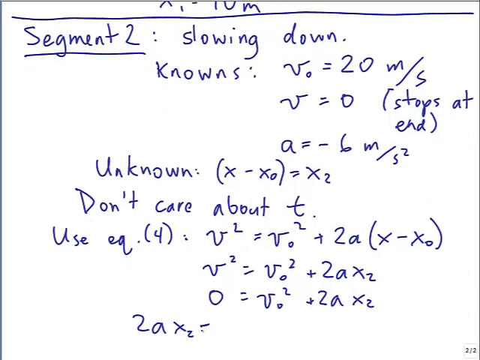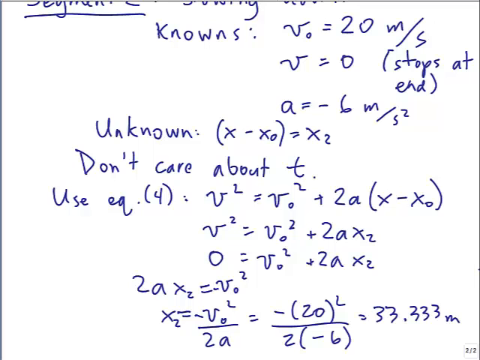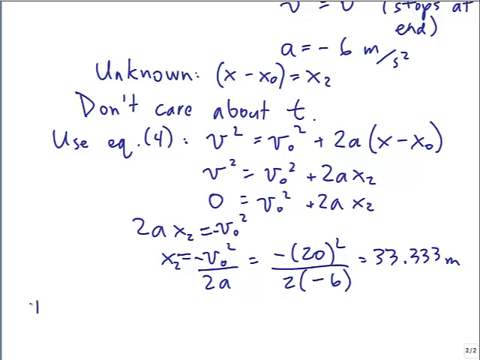So 2a x2 is equal to negative v0 squared. Then I can divide both sides by 2a. Oops, I forgot the negative sign there. So negative v0 squared. So it's negative 20 squared divided by 2 times negative 6. Those negatives end up canceling anyways, and you get 33.33 meters. That's your second distance when you're slowing down.